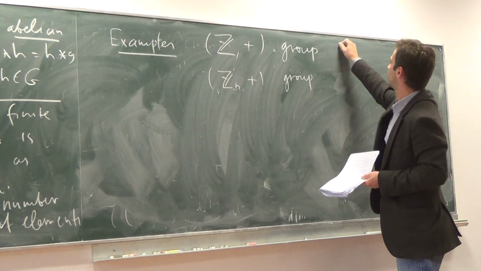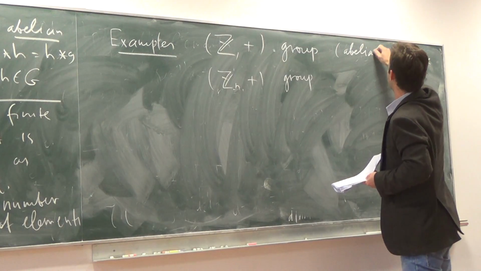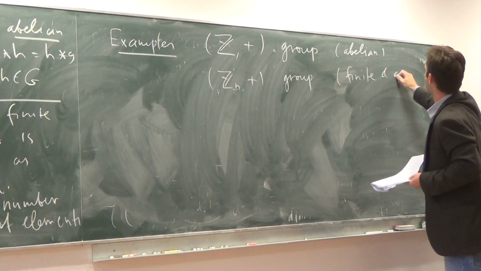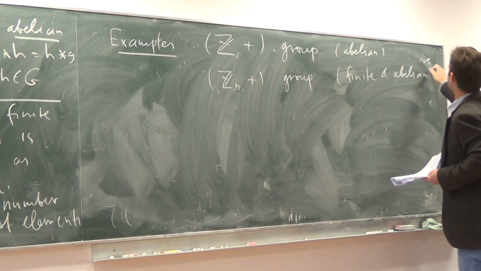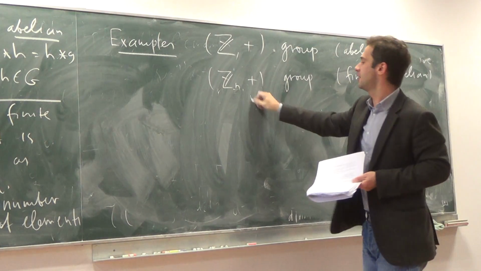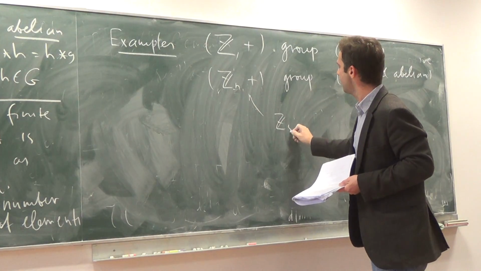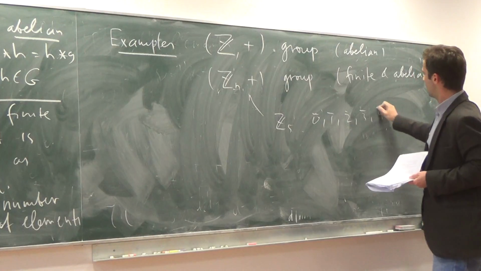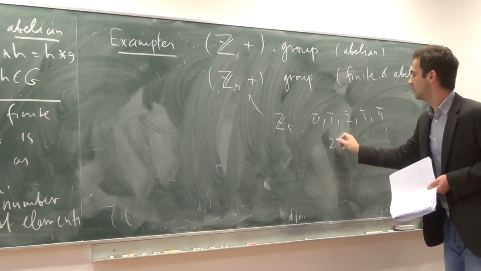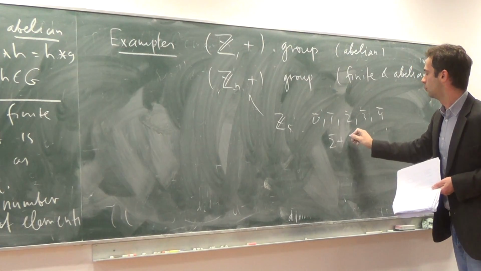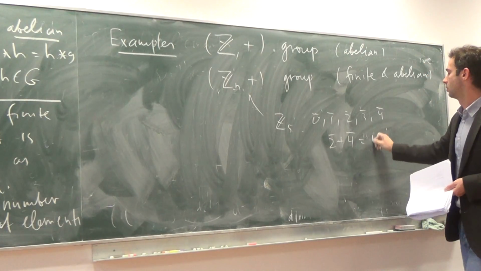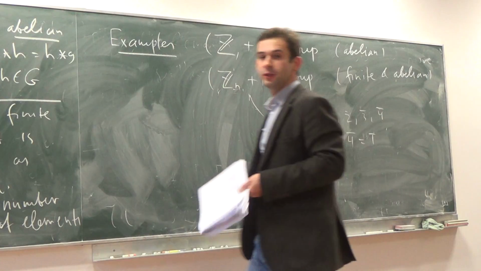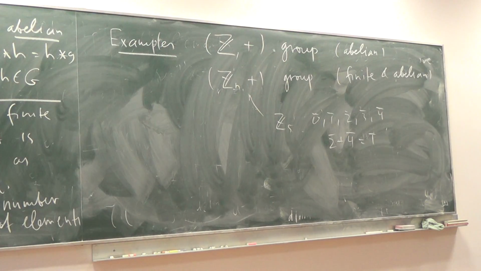Actually, we can also say this is abelian, and finite and abelian. So if I have Z5, my elements are 0, 1, 2, 3, 4, and the operation is 2 plus 4 is 1 kind of thing. Yeah, additive group.